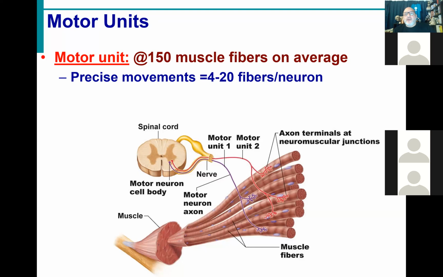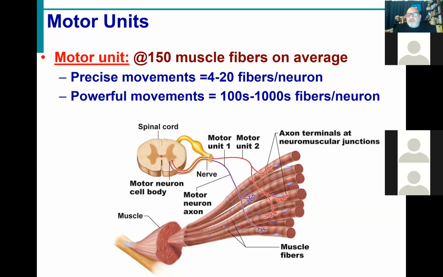However, if you're trying to kick that 50-yard field goal to win the football game at the end, you want a hugely powerful motor unit where a single somatic motor cell communicates with thousands of muscle cells, right? You're not going to get a tremendous amount of precision with that, but you're going to get a massive amount of force, allowing you to kick that football half the distance of the football field. So different size motor units allow for different strengths of activities.